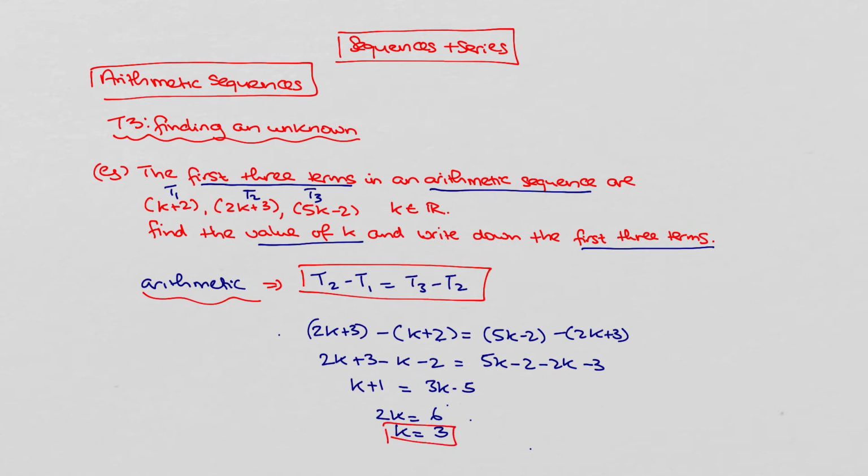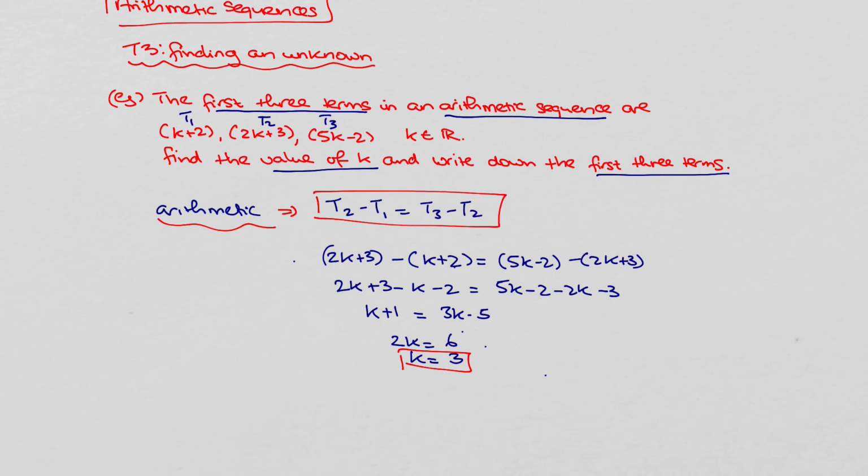So if we then want to find the first three terms, all we need to do is sub in for k. So T1 is k plus 2. So that's going to be 3 plus 2, which is equal to 5. T2, the second term, is 2k plus 3. So that's going to be 2 times 3 plus 3.